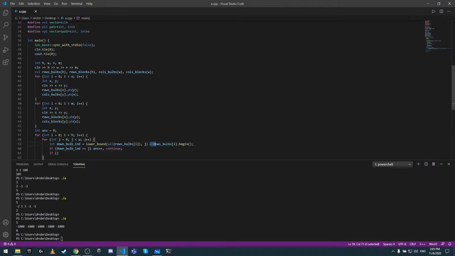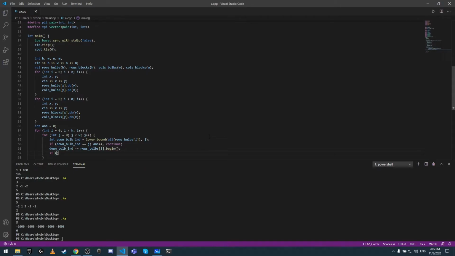Wait, what? So we get the value, right? Now, down times equals rows bulbs I back. So now we get the actual index.